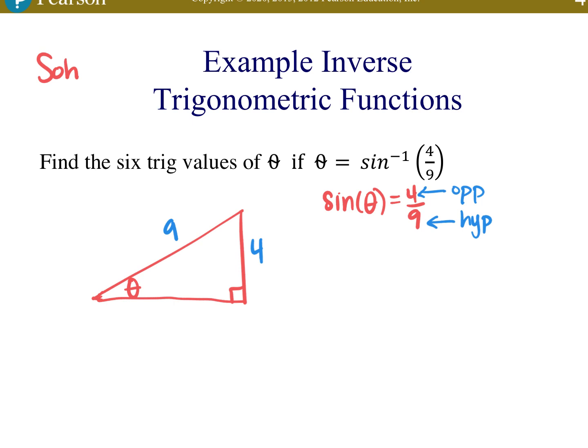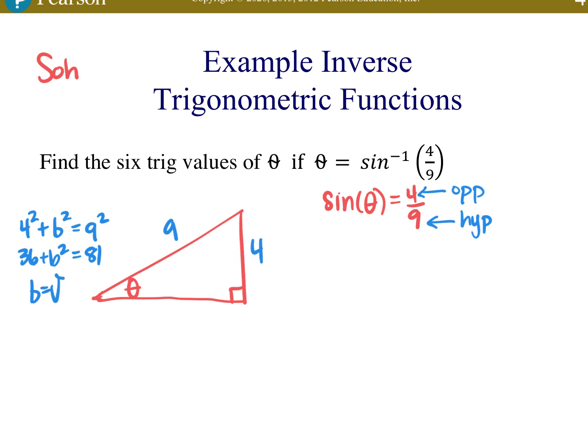The Pythagorean theorem. How can we figure out the bottom side? a squared plus b squared equals c squared. So 4 squared plus b squared equals 9 squared. That's 16 plus b squared equals 81.